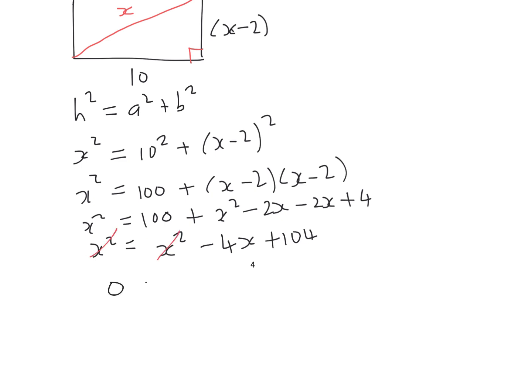Or in other words, you'd have 0 equals minus 4x plus 104. Don't like having the minus 4x there. We can add 4x to both sides to get 4x equals 104. And then we can divide 104 by 4, which would give 26.